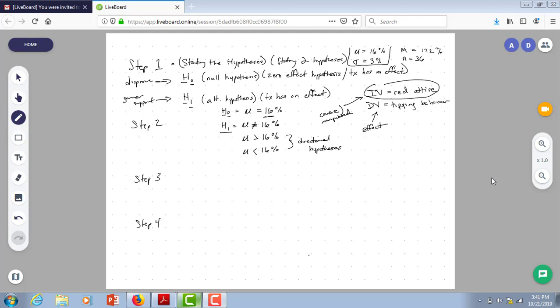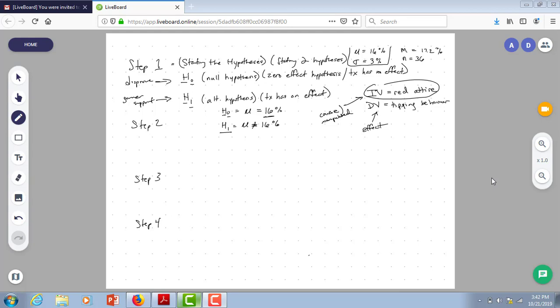So there'll be other videos that will cover directional hypotheses, but for now, let's just focus on a significant difference relationship. In other words, let's just focus on the fact that after the manipulation of the IV, there will be some change expected in the DV.